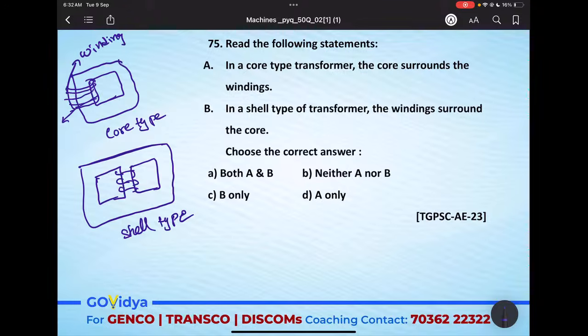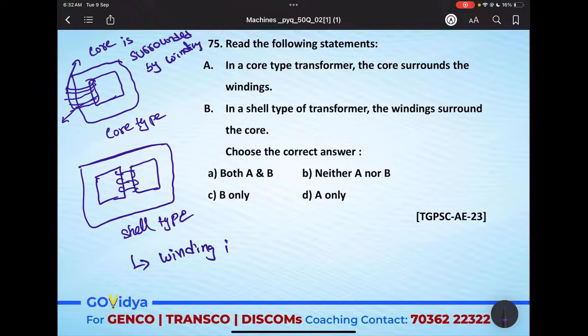Core is surrounded by winding. We can write it as core is surrounded by windings. Okay, so here in shell type transformer, winding is surrounded by core.